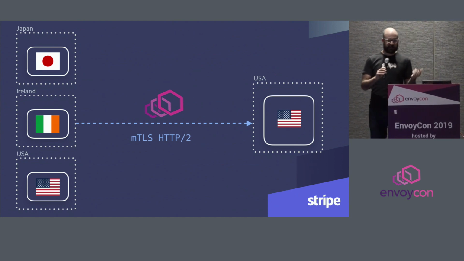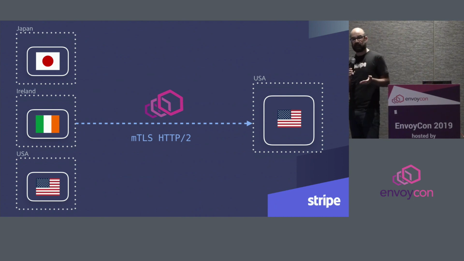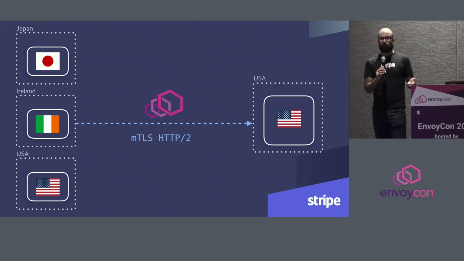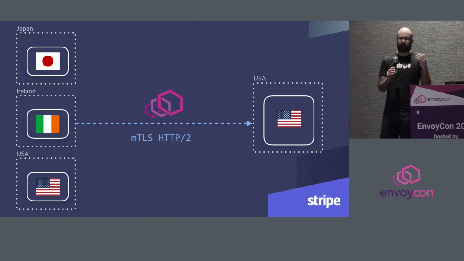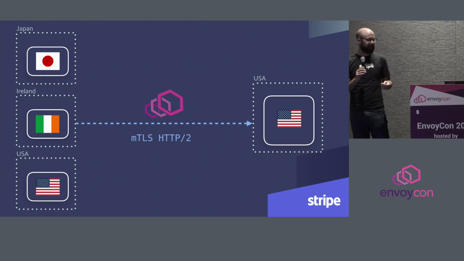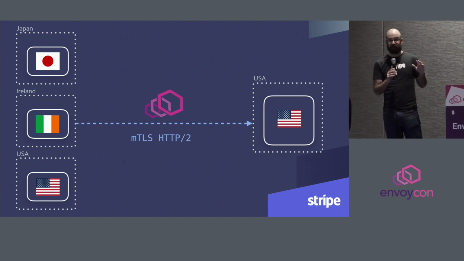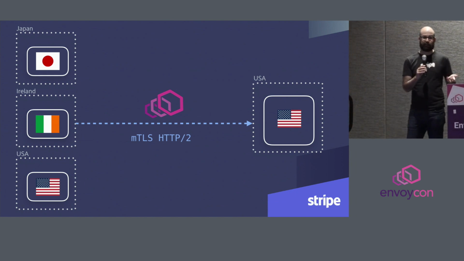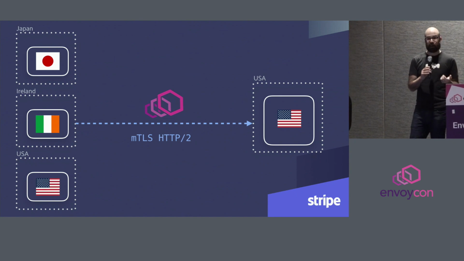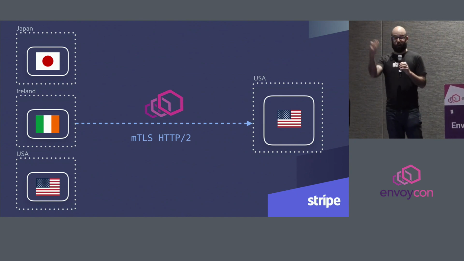And HTTP2, we'll talk about some of the cool features of HTTP2 in a second, but suffice it to say it gives us efficiency, the ability to multiplex requests over a single TCP connection, and solve some of the head-of-line blocking issues you may have heard of with HTTP 1.1, where in order to execute n requests, you first do the first request, wait for it to complete.